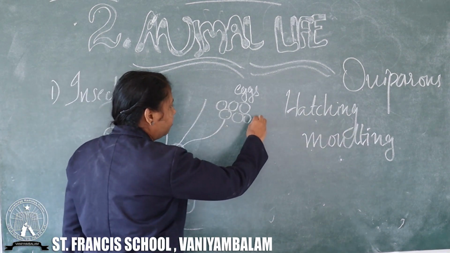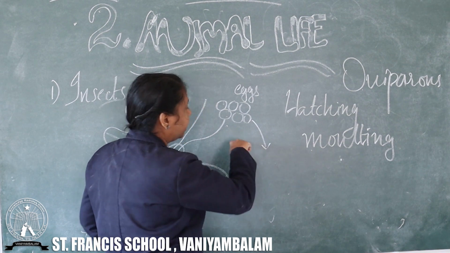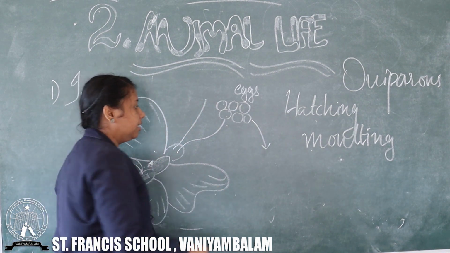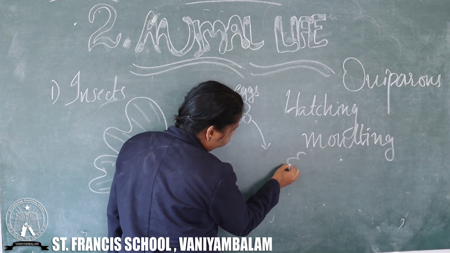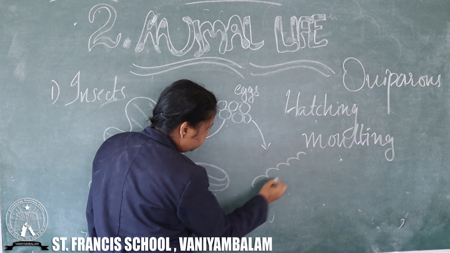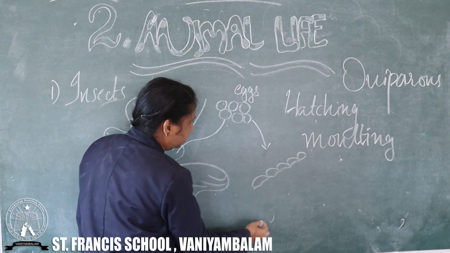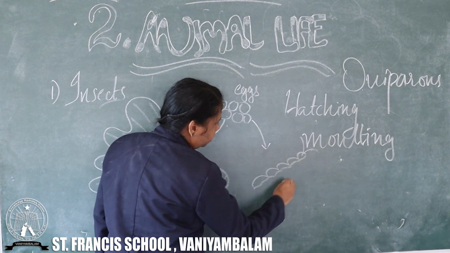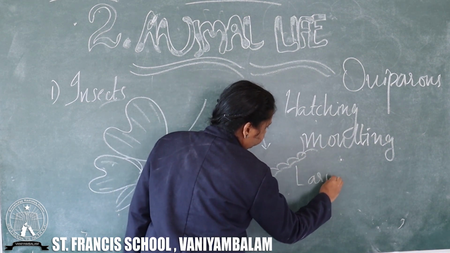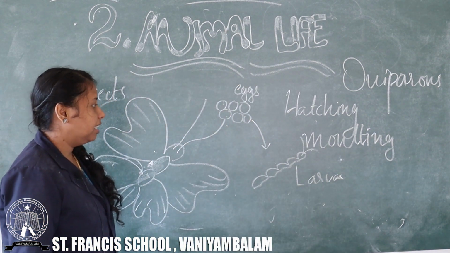These eggs will hatch out and another form of the butterfly will come out, and this is known as larva.